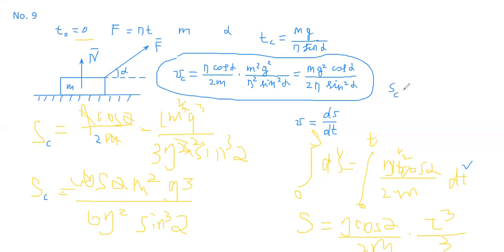So s is equal to m in second order, g in third order, cos alpha divided by 6 eta second order and sin in third order alpha.